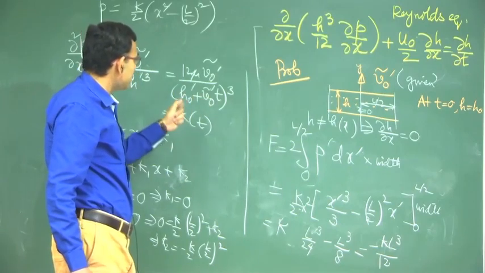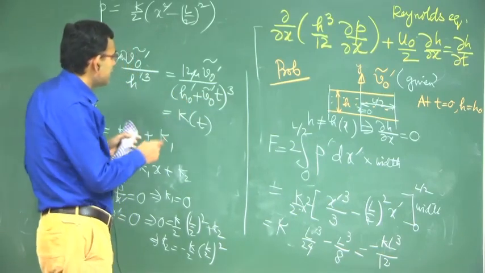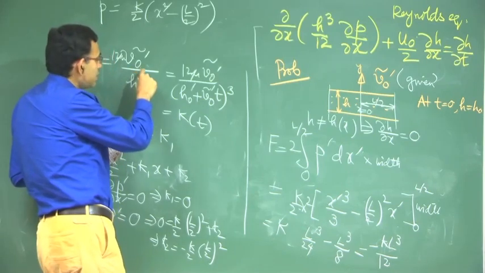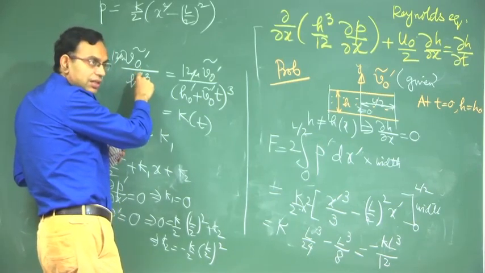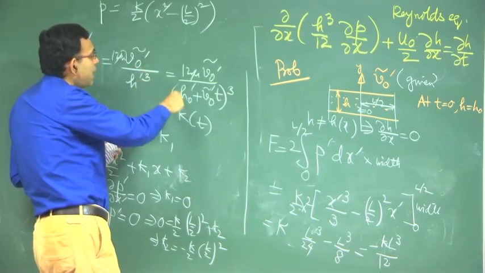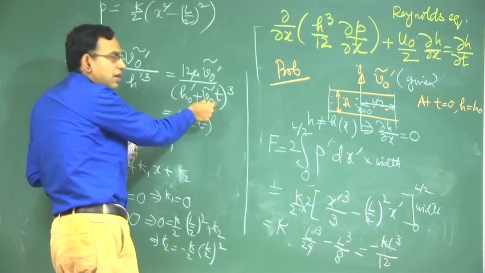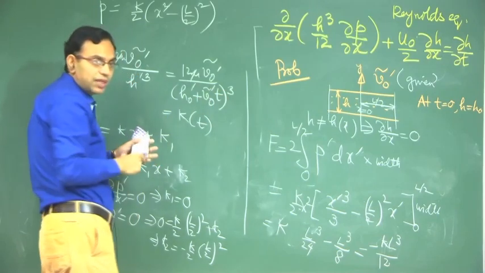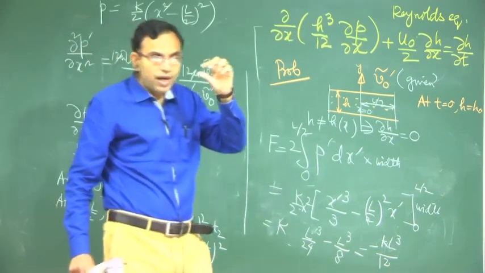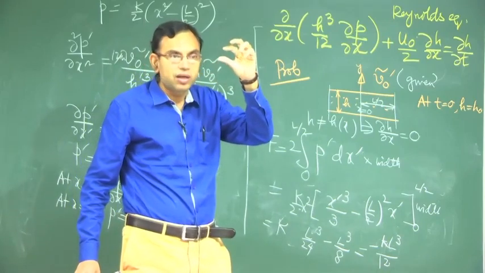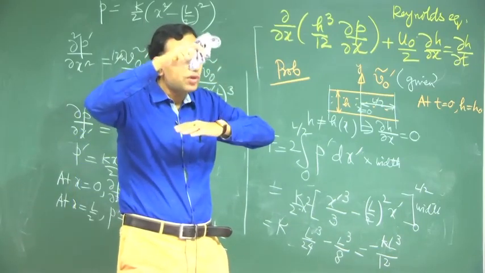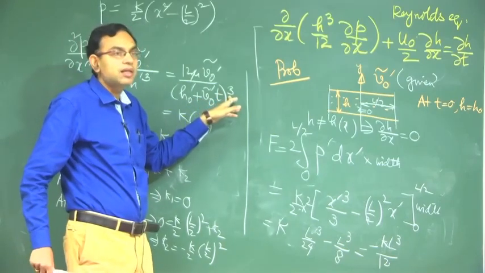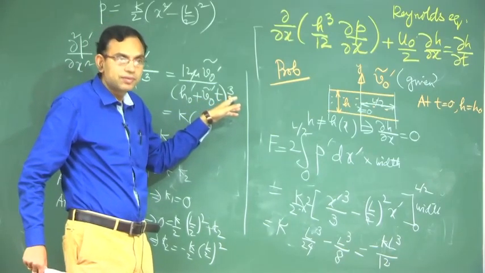As time progresses, in that case H will continuously decrease, right, because original H is H naught, then it will be H naught minus a positive number into time. So, there will be a time when the gap is very small, that is the two plates have almost touched each other, and the force varies with 1 by cube of that gap.